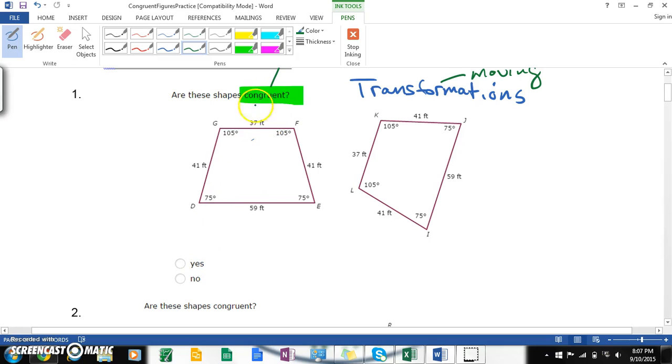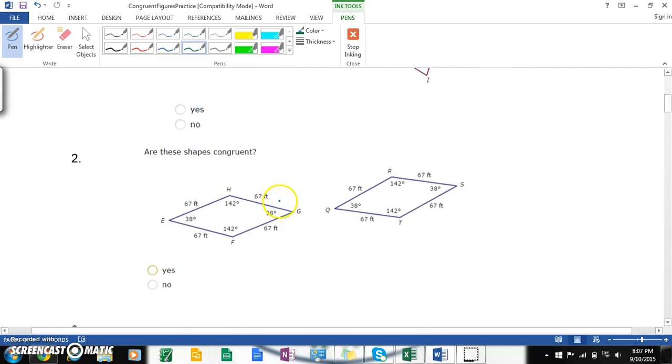If you think they are congruent, bubble in yes. If you do not think they are, bubble in no. I do want to point out at this time, when we're walking through these activities, you can always pause, you can always rewind, you can always go back if you miss something.